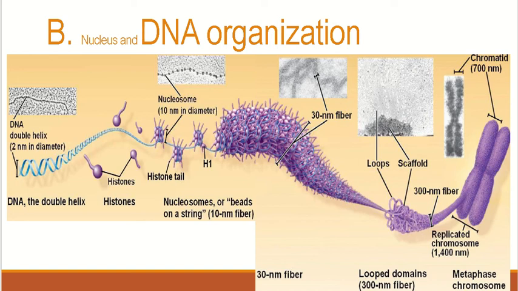Usually these RNA scaffolds are found at the center of your loop domains, in which chromatin fibers are having periodic attachments. So yes, they form loop domains for the fourth level. Now for the fifth level, they form this highly condensed chromosome.